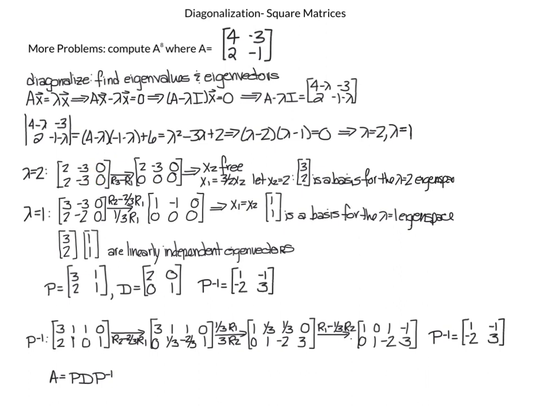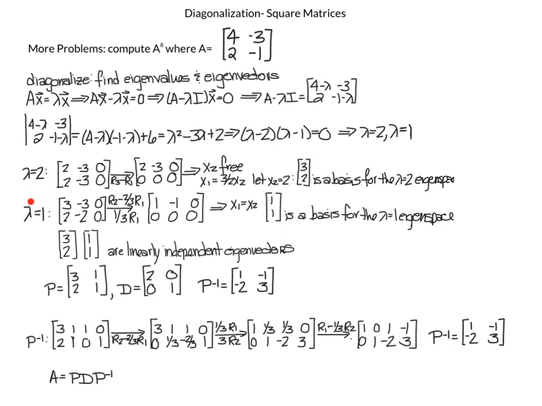To solve the homogeneous equation, we have our augmented matrix with 0, 0. Row reducing, we get x2 is free, and x1 is equal to 3 halves x2. So letting x2 equal 2, we have 3, 2 is an eigenvector associated with the eigenvalue 2, and we can use that as a basis for the lambda equals 2 eigenspace.